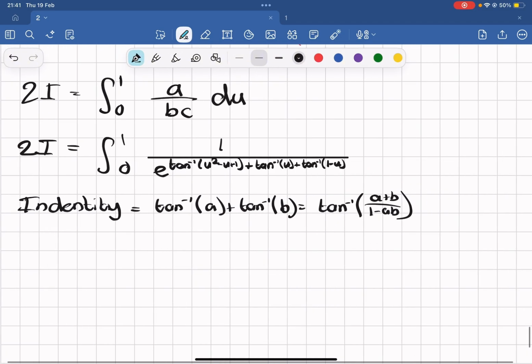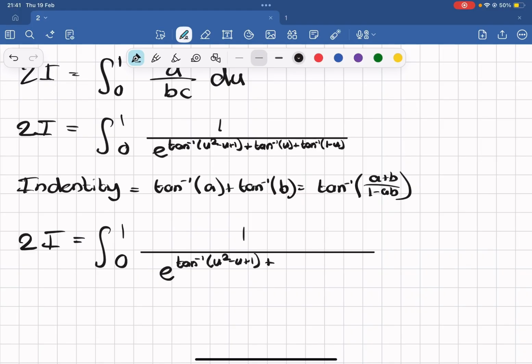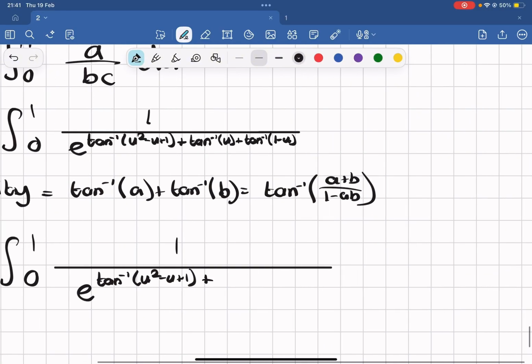So if you do this here, we're left with 2I equals the integral from 0 to 1 of 1 over e to the tan minus 1 of u squared minus u plus 1 plus, so in this case here, the A plus B becomes 1 minus u plus u, which is 1, over 1 minus AB.